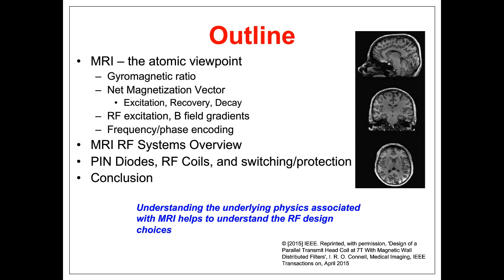And then towards the end, I am going to start looking at some specific circuits that you might recognize, but are also quite interesting and used in the MRI field, and then draw some conclusions. As a matter of fact, throughout the talk, I'm going to try to interject where current research is and where future trends might be.